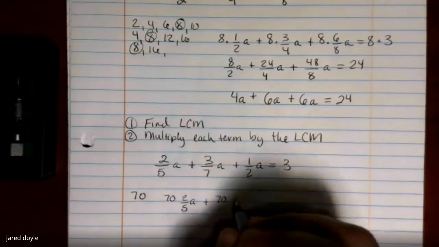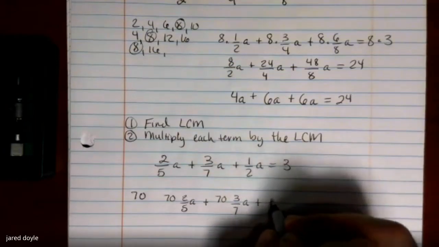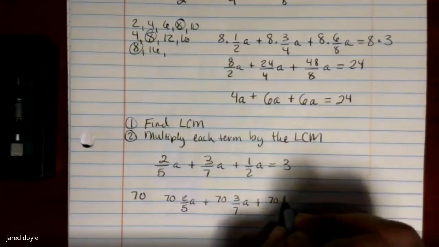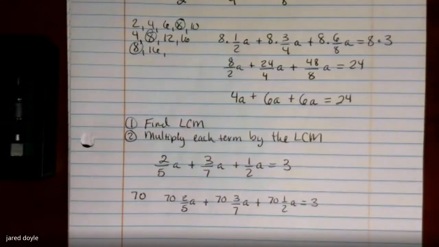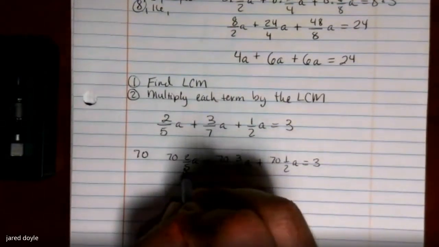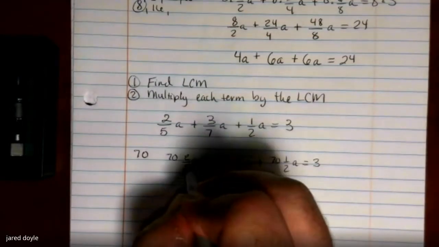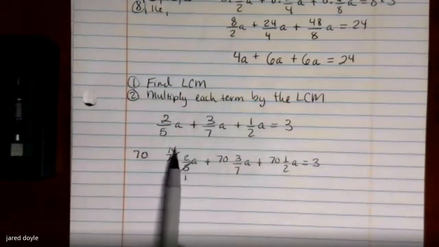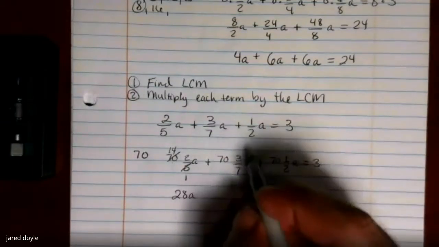And I'm hoping that some of you, maybe the majority of you, are going to simplify before you multiply with these fractions to kind of make it easier to deal with so you don't have such large numbers to work with. So if I wanted to simplify before I multiply, you can take the denominator and see how many times it goes into this whole number. So you could say 5 goes into this once, and 5 goes into this 14 times, and then you would just multiply the 14 and the 2.